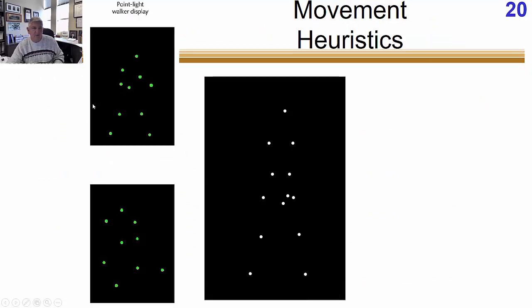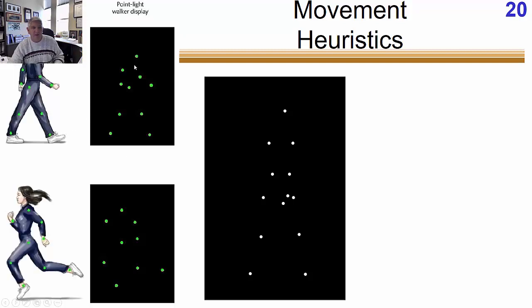All right, so if I show you this picture here and ask you what it is, and I show you this picture here and ask you what it is, right? If I could make those move, right, you could say, okay, that's somebody walking, and this is somebody running in the opposite direction.